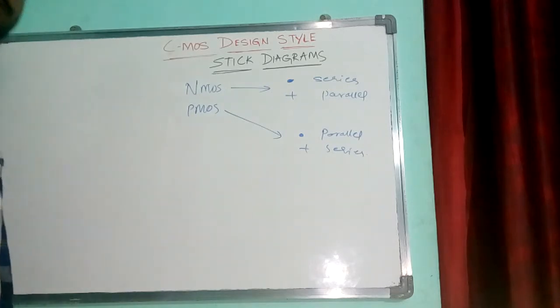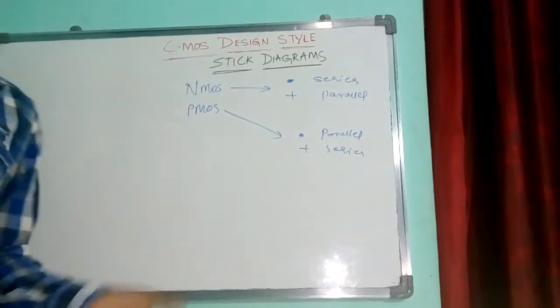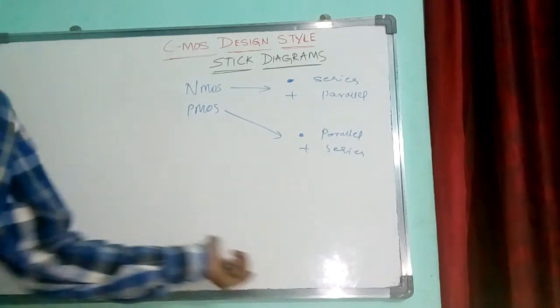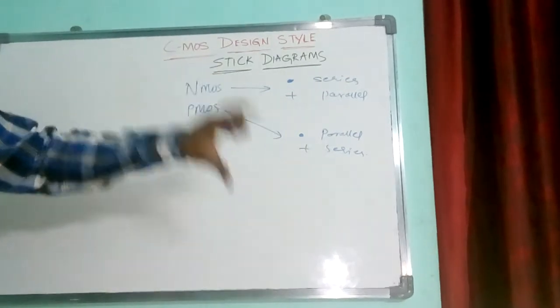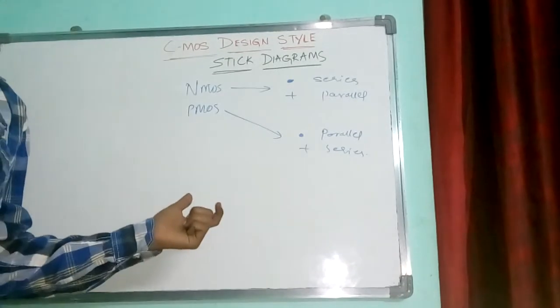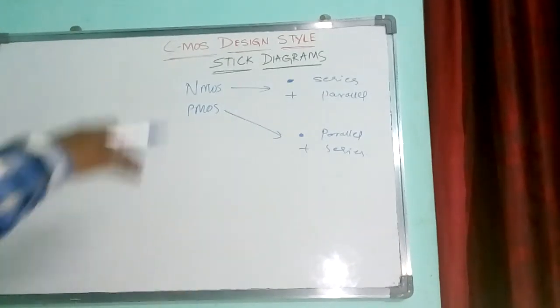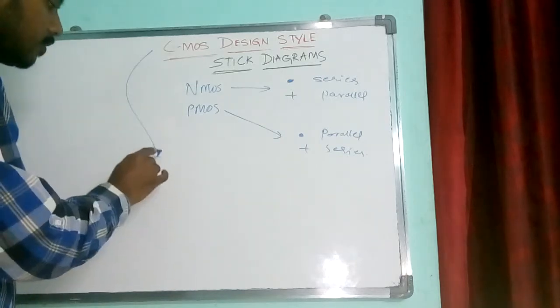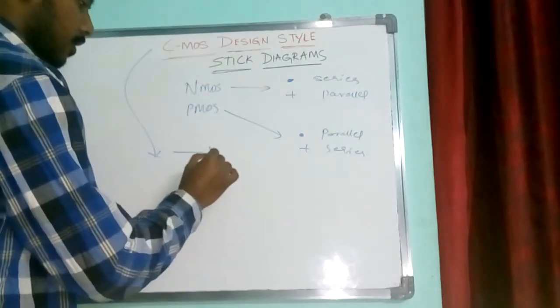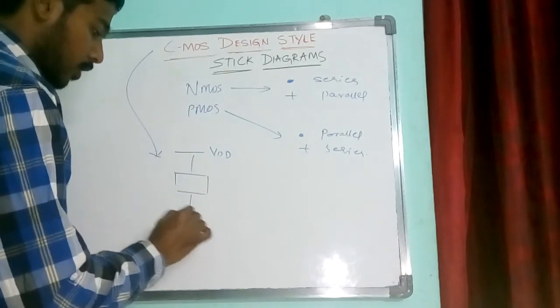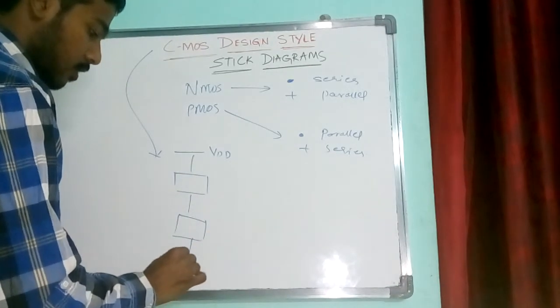Now whenever you are drawing any circuit for a given function, first complete the NMOS part, then do the reverse of the NMOS at the pull up circuit, then you will get the entire circuit. So basically this CMOS style has the circuit like this. You have a supply VDD, one network, another network and ground.